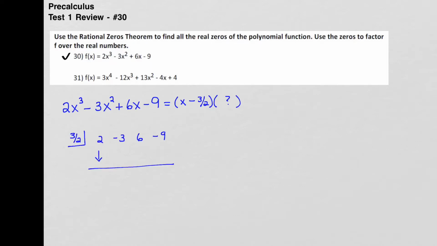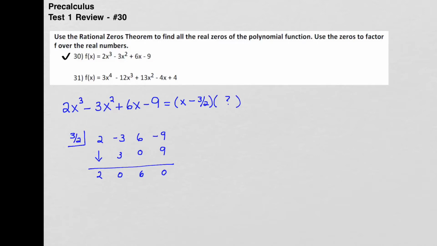Now I've set up my synthetic division, and I'm going to bring down the 2, multiply by 3/2. That gives me a positive 3. Add, and I get 0. 3/2 times 0 is 0. 6 plus 0 is 6. 3/2 times 6 is 9. And negative 9 plus 9 is 0.